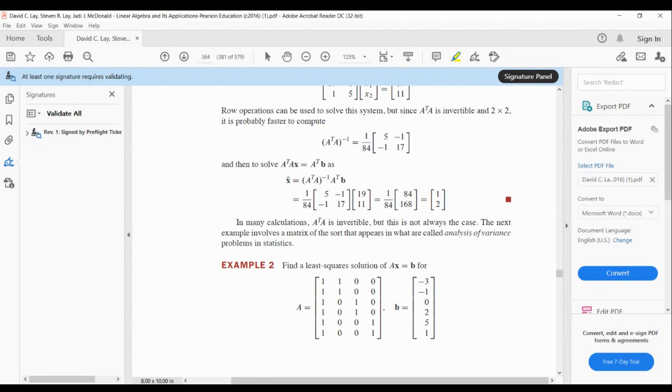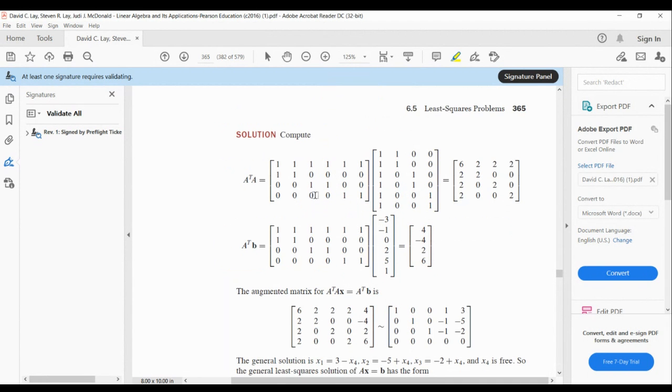Okay. So let's go ahead and get the normal equations for this. Now here A transpose A. They compute it out, and you have a 4x4 matrix here, and that square matrix is not invertible. Why is that?